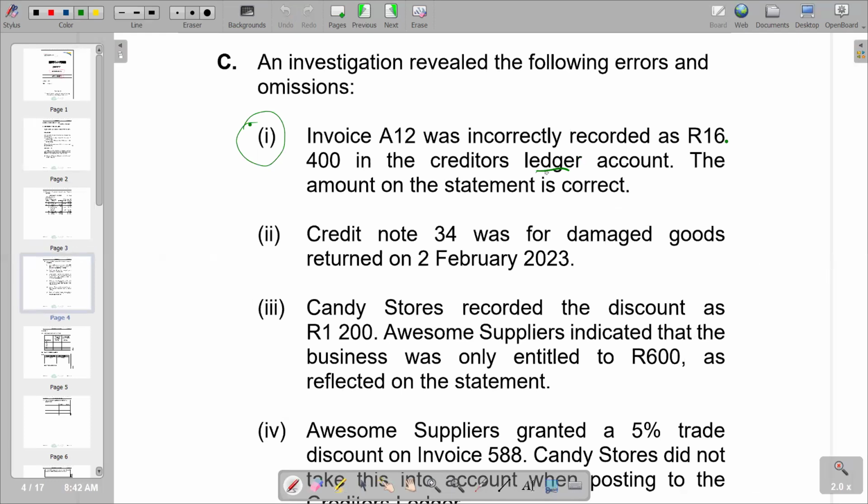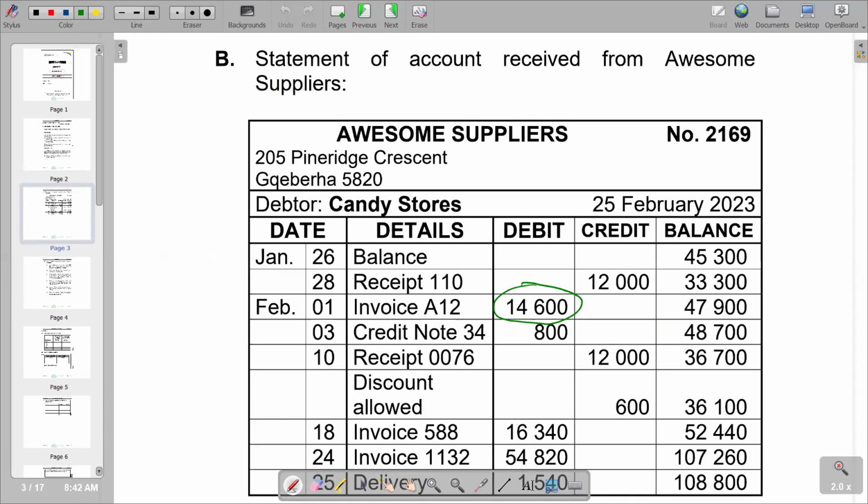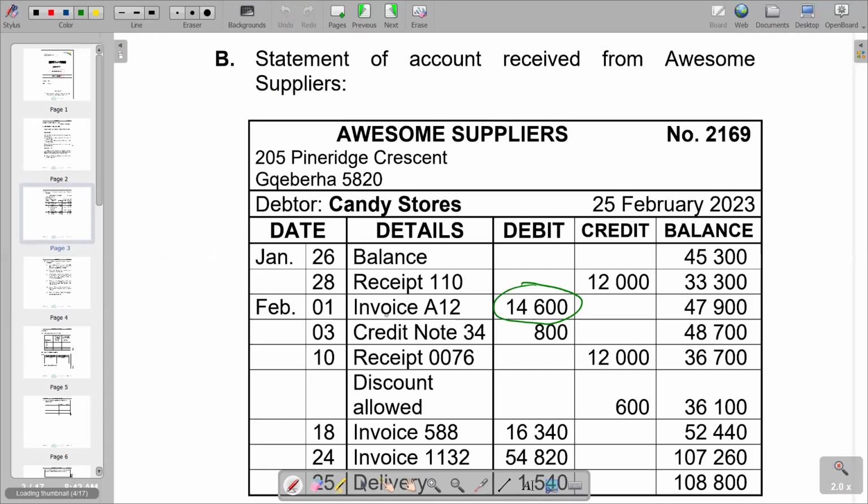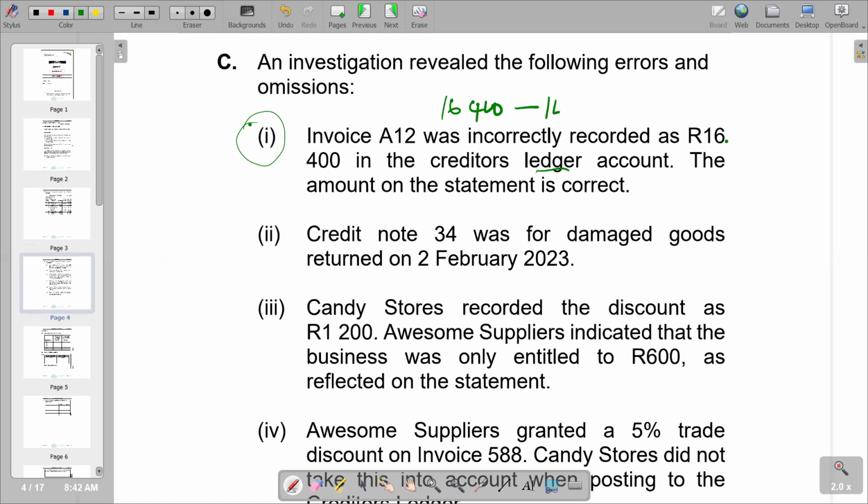So it means we entered a bigger figure in the creditors ledger. We have to calculate the difference by saying 16,400 minus 14,600 and try to see what we get there.